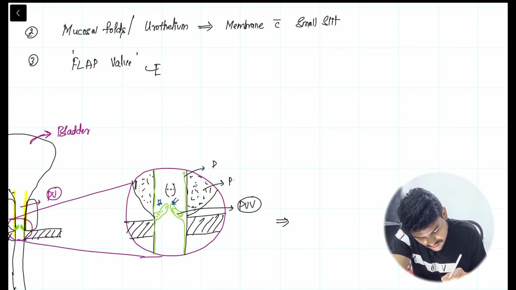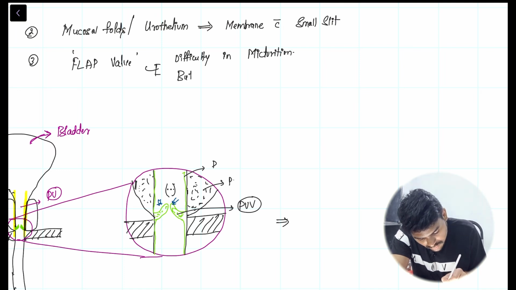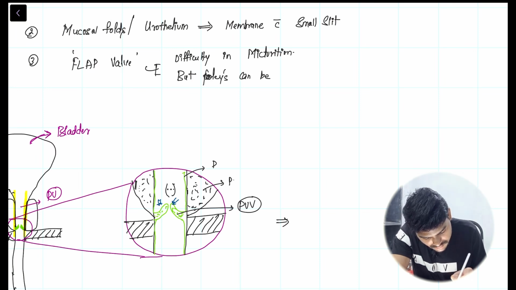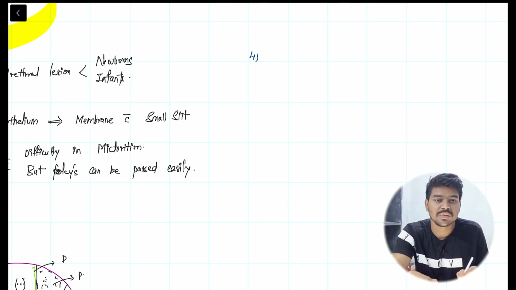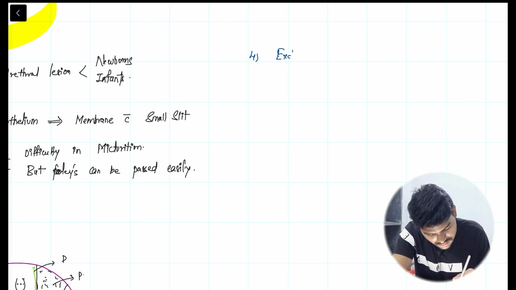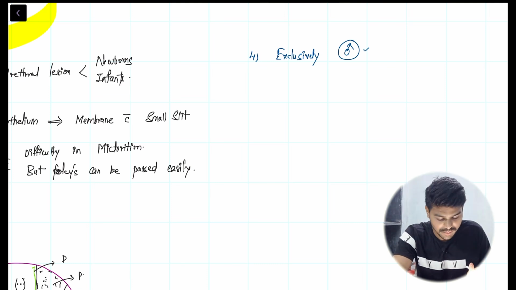That means the patient will find difficulty in micturition, but Foley's can be passed easily. This is exclusively seen in male newborns. This is never seen in any female child.